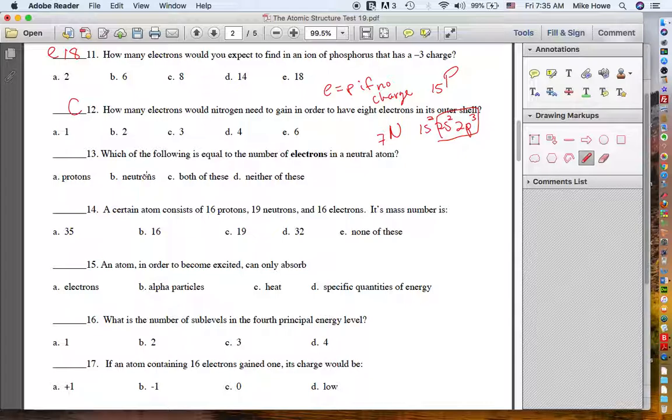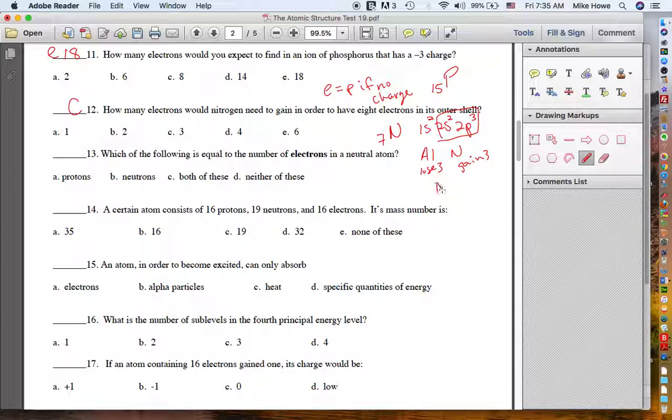So one atom might lose 3 electrons, like if you had aluminum with 3 electrons in its outer shell and nitrogen with 5 in its outer shell, aluminum would lose 3 and nitrogen would gain 3, and so the ratio between them would be 1 to 1.